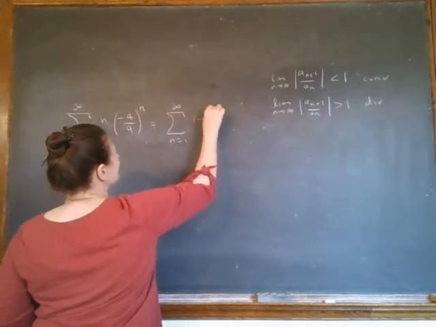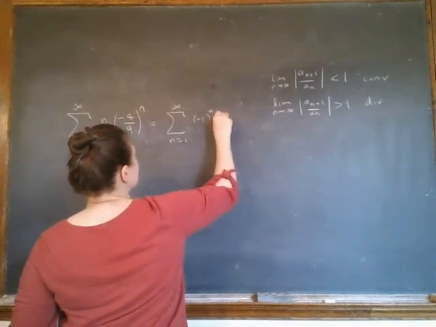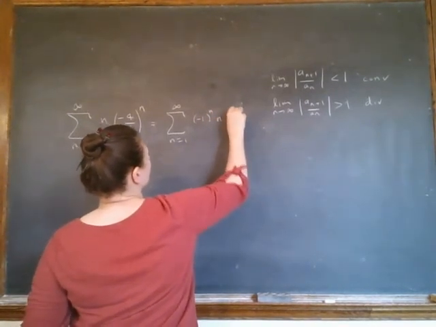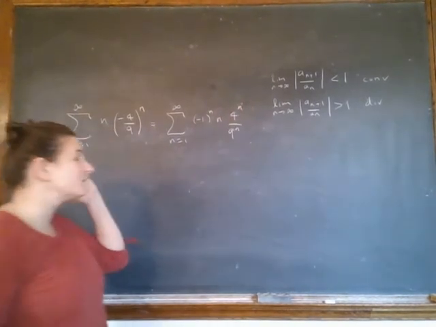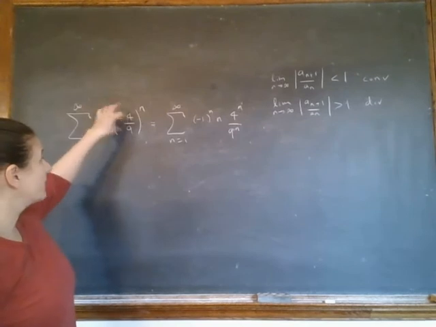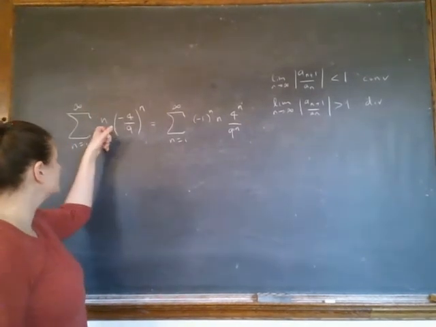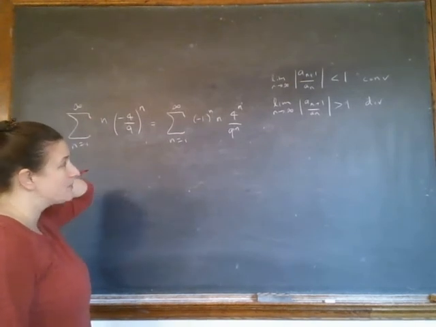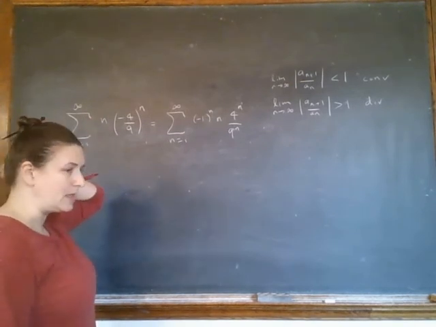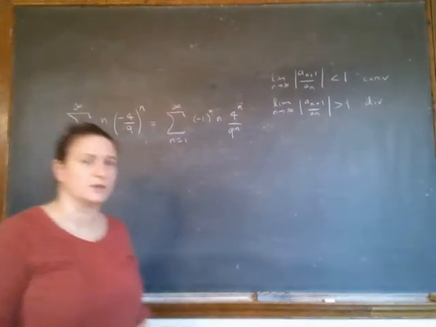But it's got this extra n term, minus 1 to the n times 4 to the n over 9 to the n. If I write it that way, you can see this ratio is going to be good because it's less than 1. But then there's this n term, right? n is growing fast. So you can't really use something like direct comparison very easily.